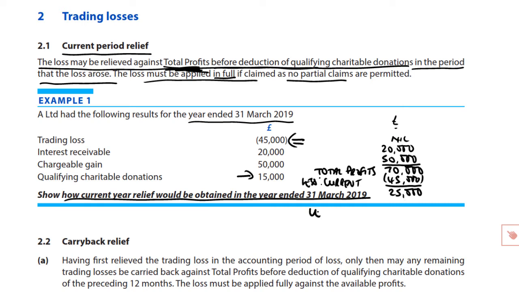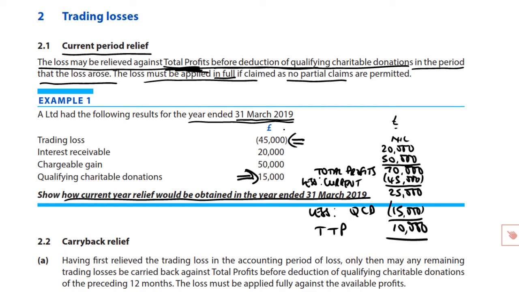Sufficient, therefore, for you to then deduct the qualifying charitable donations, there they are, £15,000, and bring you down to a revised TTP of 10,000 that will be subject to corporation tax at, well, this is the year ended March 19. Hopefully you'll understand that that falls entirely within FY 18, and on that basis it would be taxed at 19%.